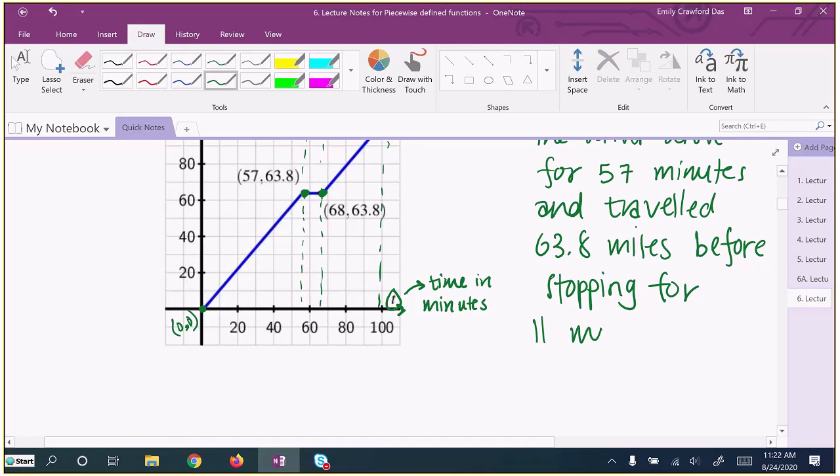Where did I get 11 minutes? Well, I just did 68 minus 57 because I knew that in that time frame I didn't travel anywhere. Okay, before stopping for 11 minutes.